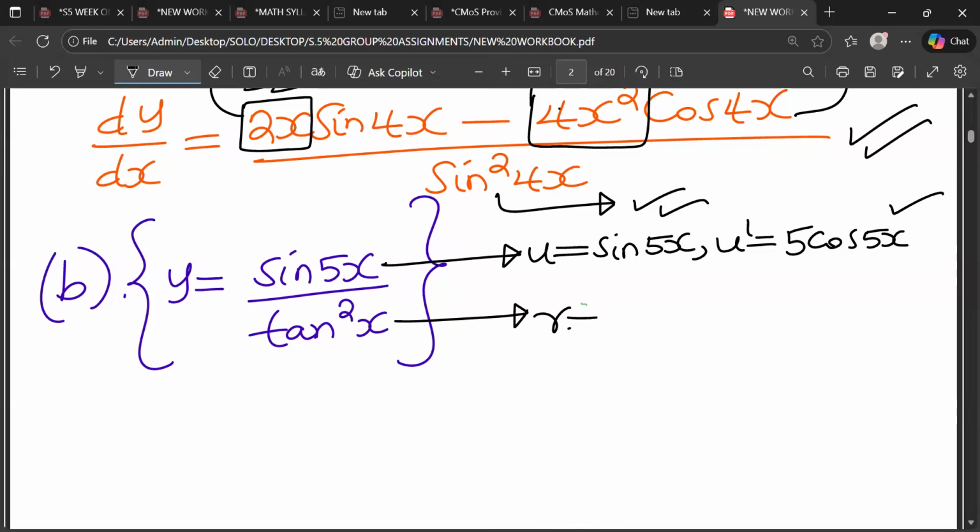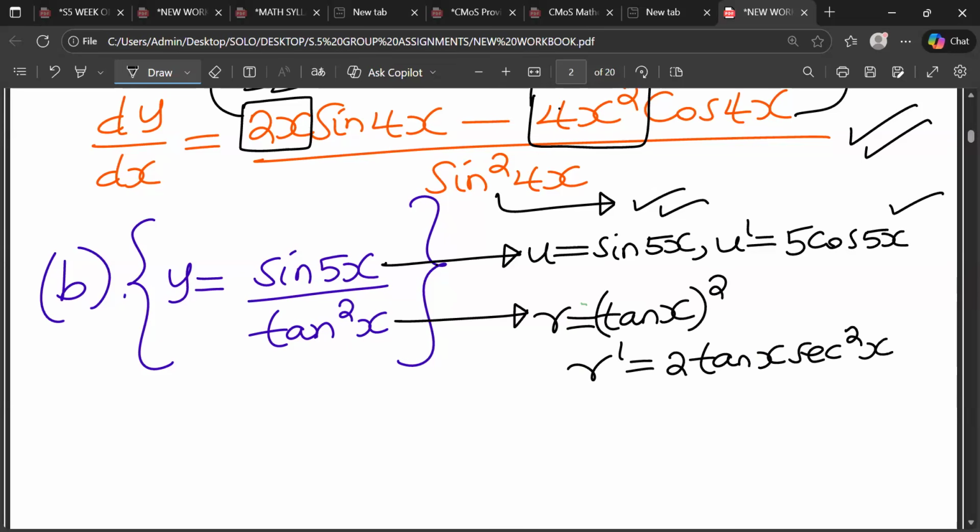Then you tell them my v is tan x squared. Then you tell them when I differentiate it, what will I have? I'll have my 2. I drop the tan with a reduced power of 1. Then I differentiate tan to sec squared x. So you have your v, you have your v prime, you have your u, you have your u prime. So you substitute in the quotient.